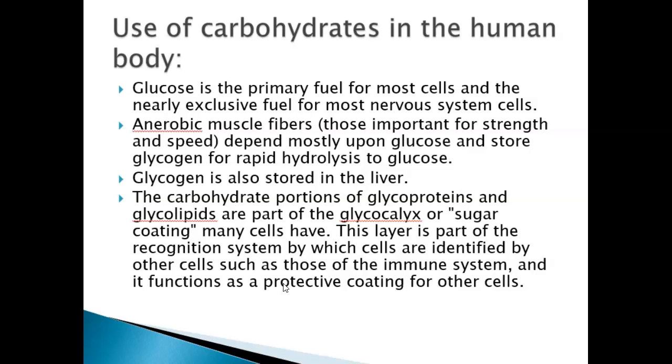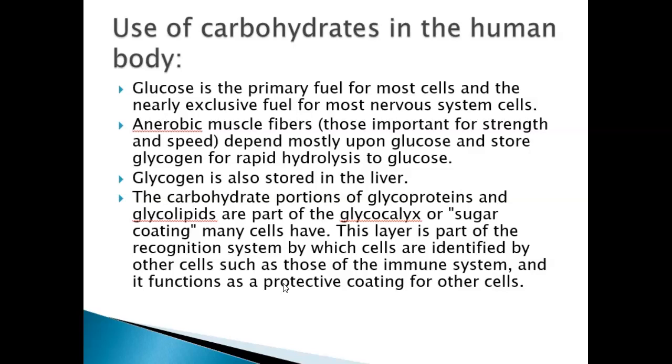Some cells are able to use it with oxygen, some are able to do it without oxygen. You have two types of muscle fibers in every muscle, some anaerobic and some aerobic. Your anaerobic ones, which are for bursts of speed or energy and strength, will take that glycogen, that polysaccharide, and break it down very quickly.